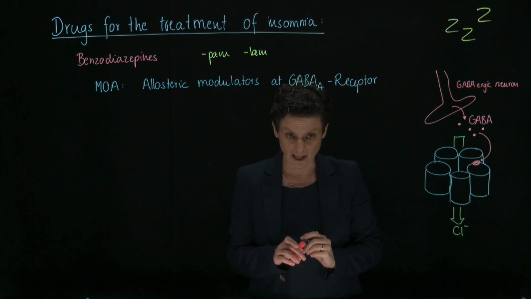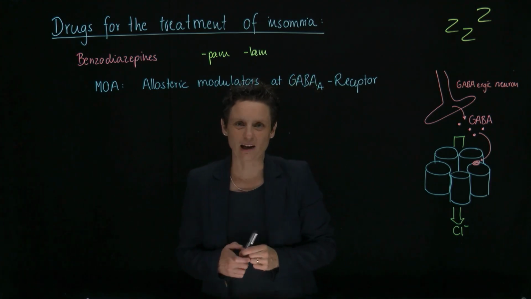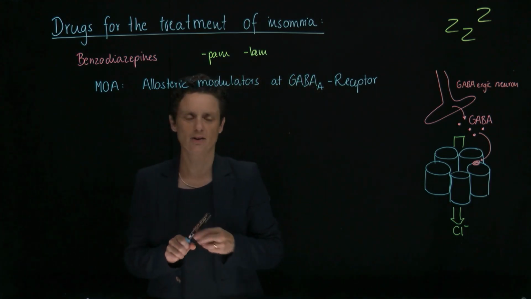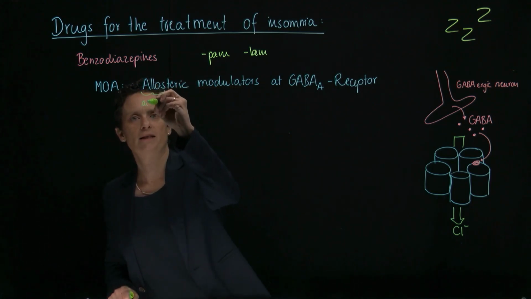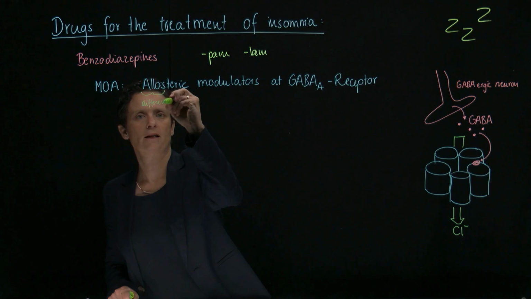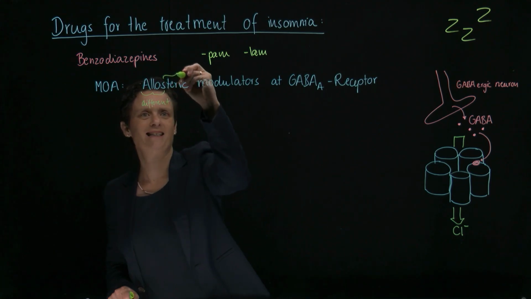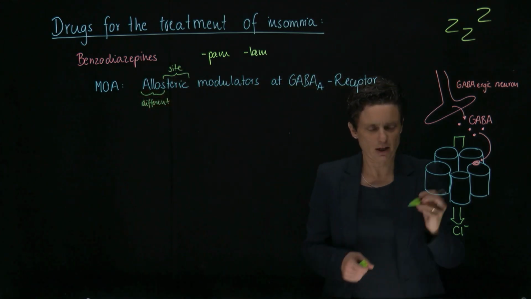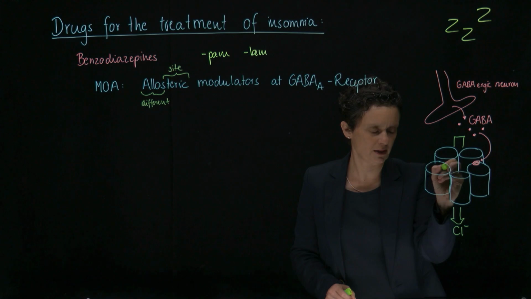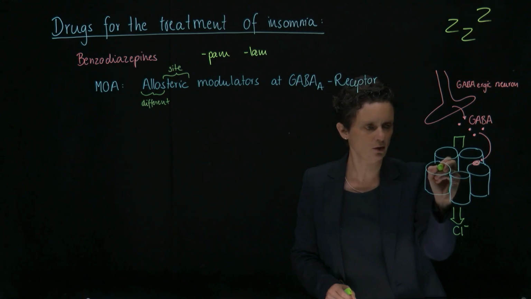Now, what do the benzos do? They are allosteric modulators. Allos is Greek for different, and steric means site. So they bind to a different site than the GABA. They actually bind to a different subunit in this chloride channel.